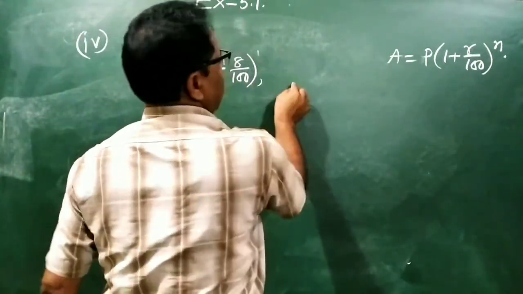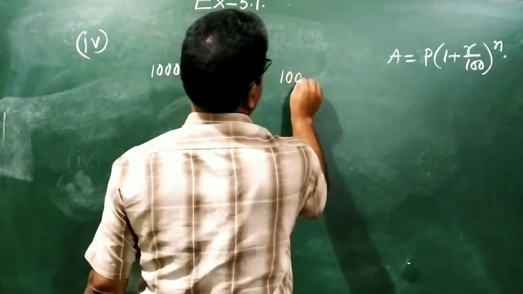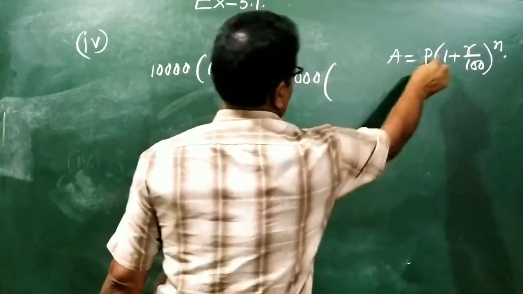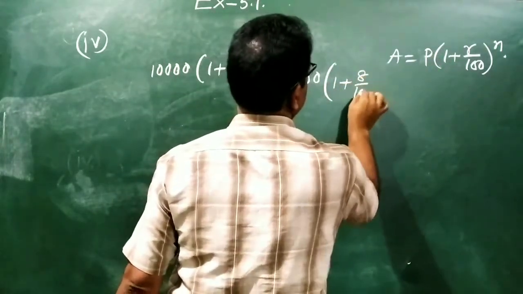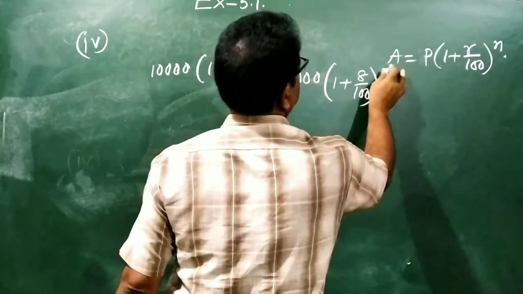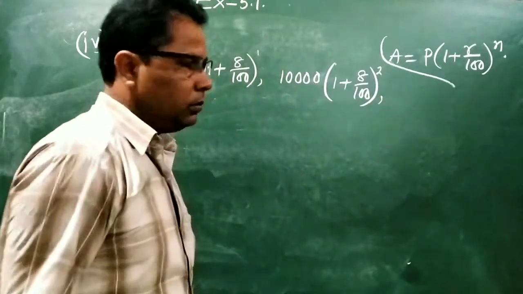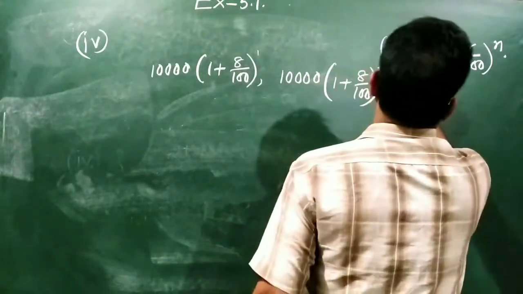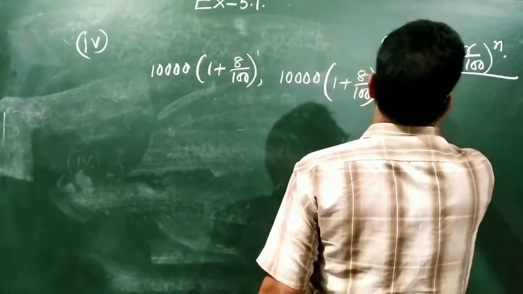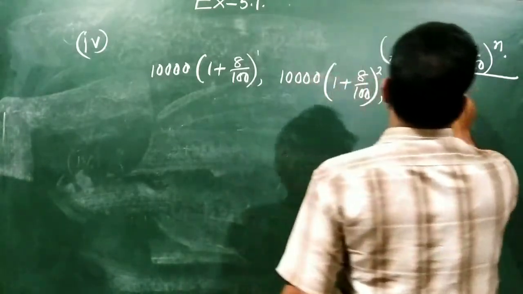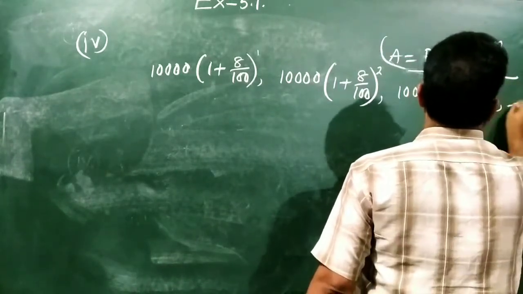Then for the second year, the principal is the same, 10,000, into (1 plus 8 by 100) to the power 2. And what will be the amount for the third year? This is also 10,000 into (1 plus 8 by 100) to the power 3, and so on.